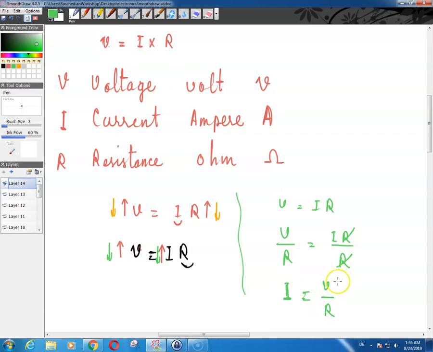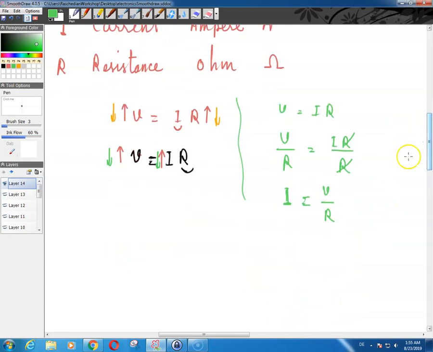Now, if that is the case, then I and R have an inverse relationship, meaning that if you keep your voltage constant and you increase your current, you have to decrease your resistance.